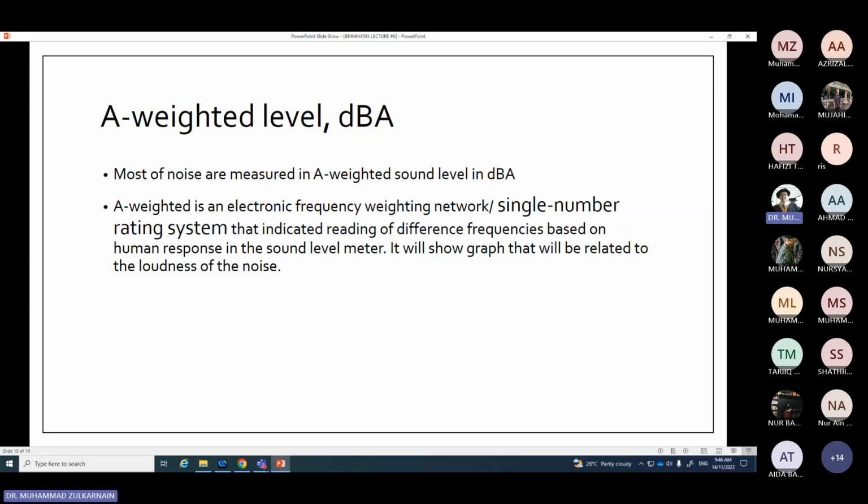A-weighting is an electronic frequency weighting network, a single number rating system that indicates readings of the different frequencies based on the human response in the sound level meter. It will show a graph related to the loudness of the noise.